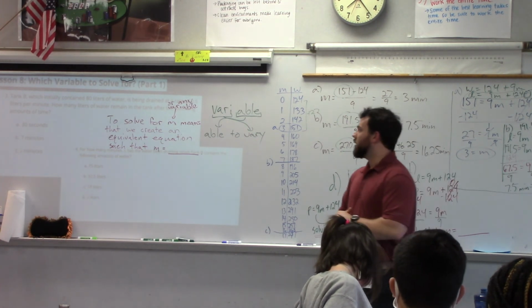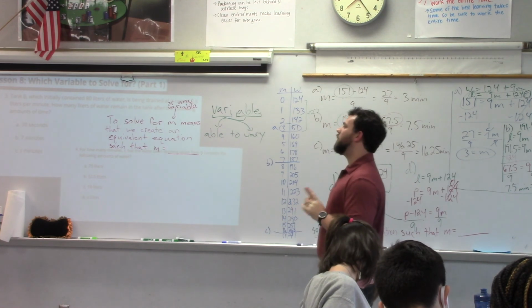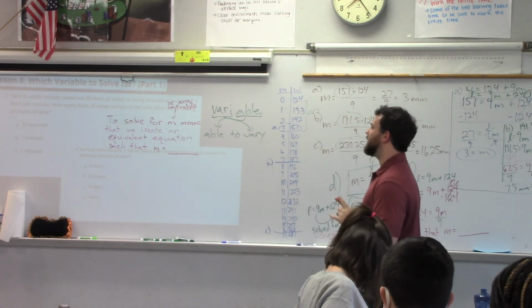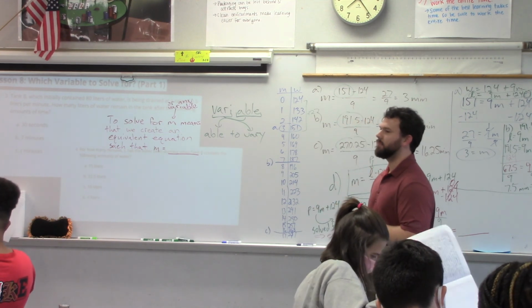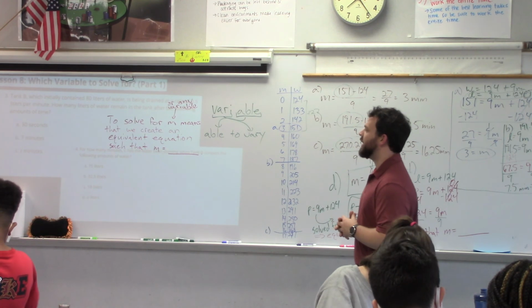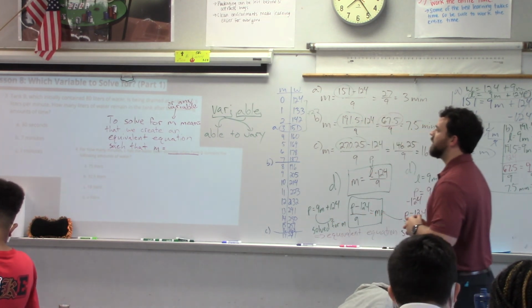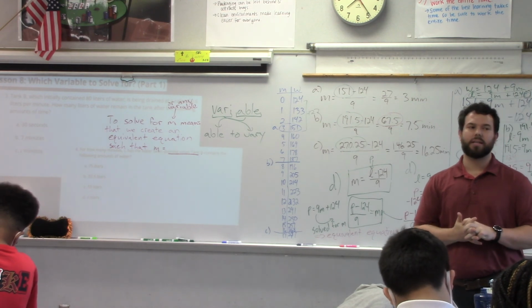This is number 3. All right, so it's being drained at a rate of 2.5 liters per minute. How many liters of water remain in the tank after the following amounts of time? Right? So after 30 seconds have gone by, how much water is in that tank? After 7 minutes have gone by, how much water is in that tank? After T minutes, how much water is in that tank?